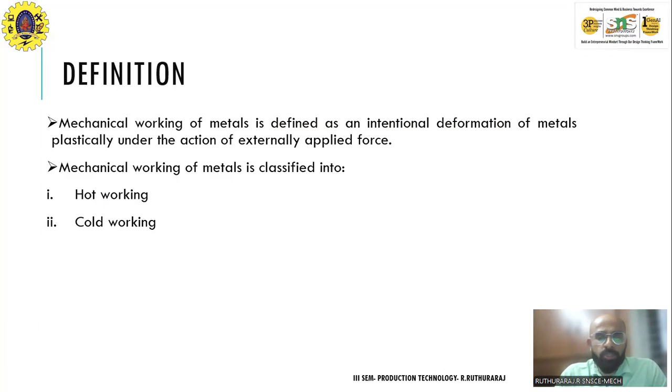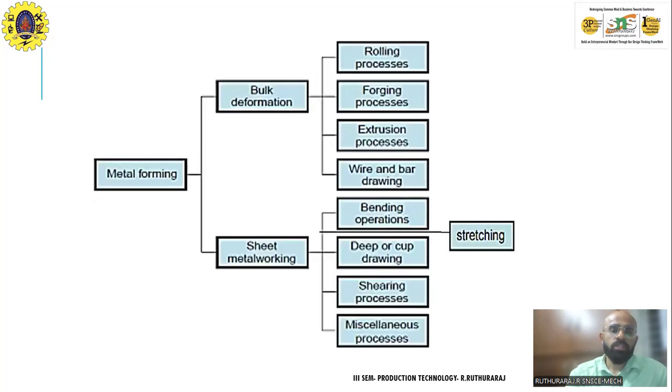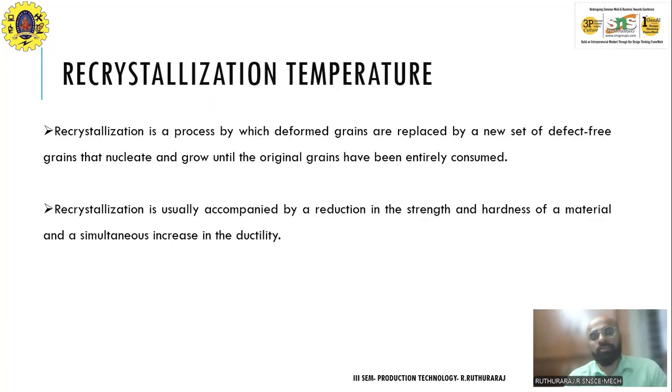Predominantly there are two different types of metal working process: one is hot working and the second one is cold working. How we differentiate hot working and cold working, we'll see now. Before that, first we will see the recrystallization temperature.